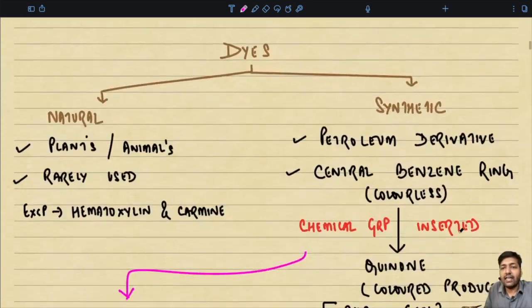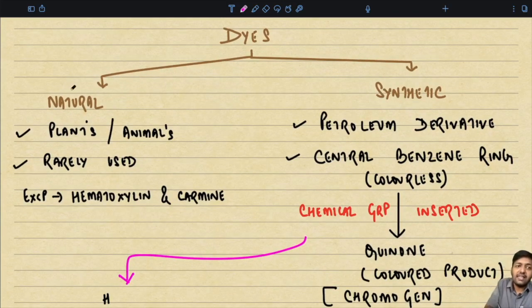Now if you look at the classification of the dyes, there are two types of dyes. One is a natural dye, one is a synthetic dye. Natural dyes are derived from plants and animals, and they are rarely used. One exception to this is hematoxylin and carmine, because they are still widely used in today's world. Most of the dyes are synthetic and derived from petroleum.